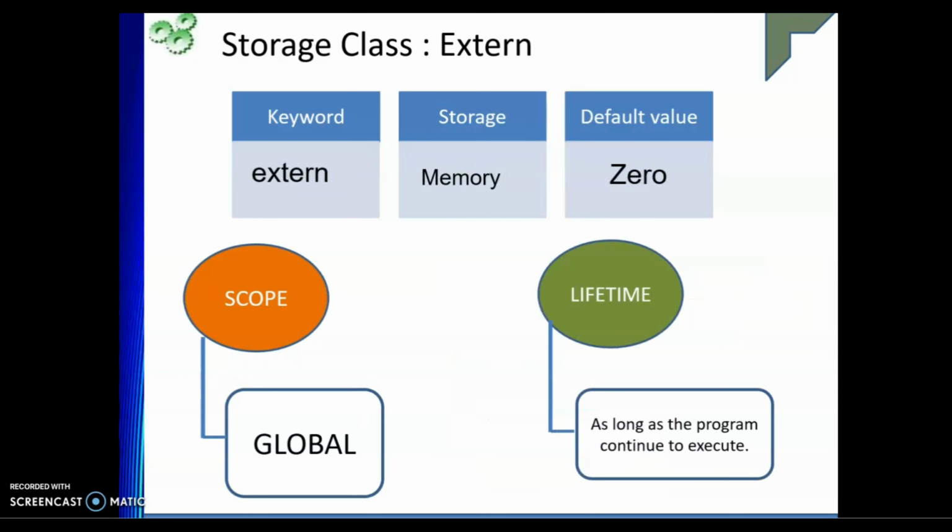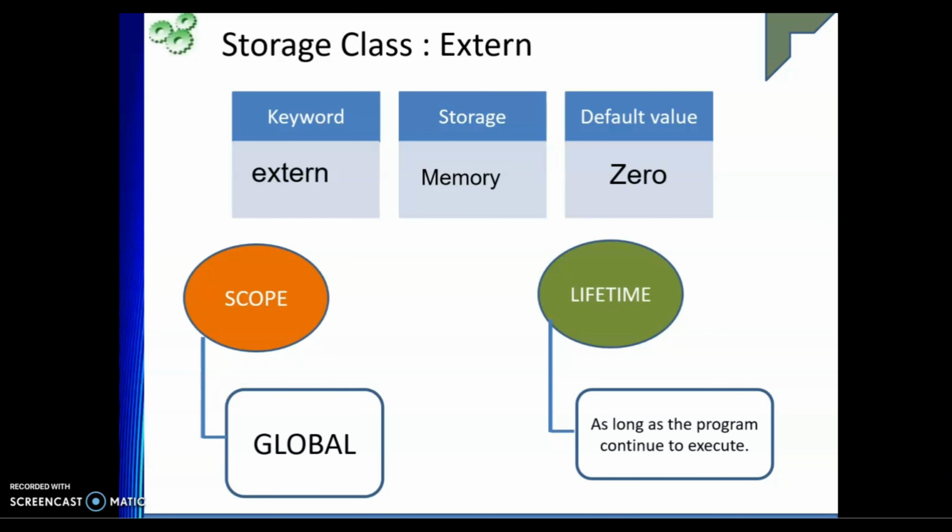Okay, so next is extern. Extern is a keyword, the storage is memory, and by default the value is 0. The scope is global. Please understand, because I can declare a variable in one file, like int i, and then I can go to file B and write extern.